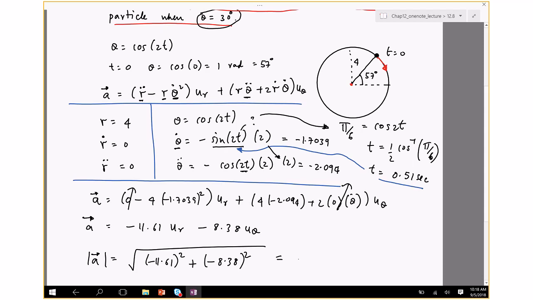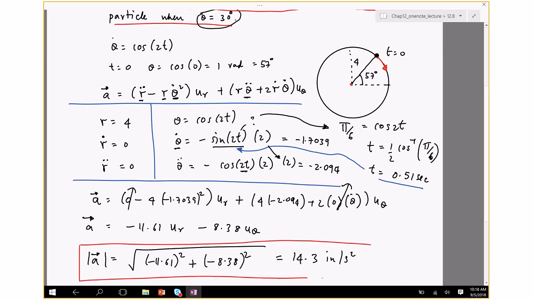That comes out to be 14.0 inch per second squared. Any questions? Yeah.